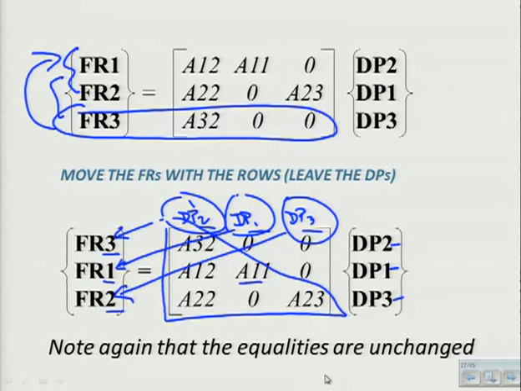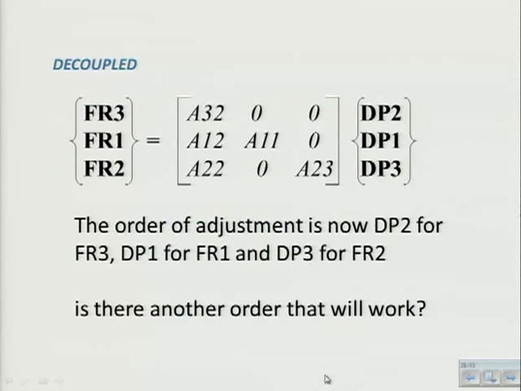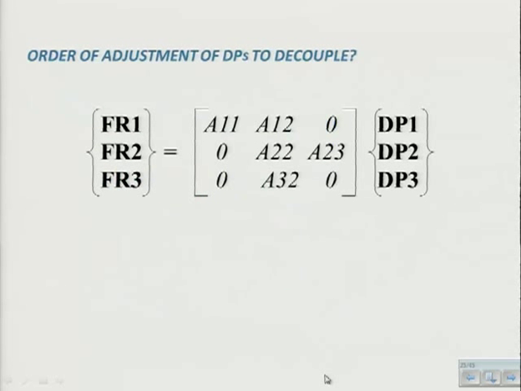So here's a question. Is there another order of adjustment that can also be used? That's what we were just saying in the previous slide. So this is decoupled. Now, the interesting thing about this, going back to the way it was presented, is that this might be an existing design, or it might be a design that you come up with.